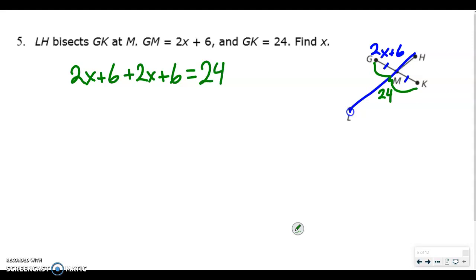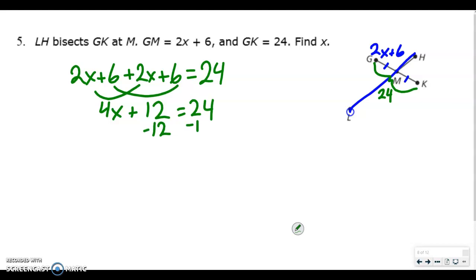So we can combine our like terms. 2x plus 2x gives us 4x. 6 and 6 will give us 12. That's equal to 24. Subtract 12. Gives us 4x equals 12, and divide by 4 on both sides for x equals 3.